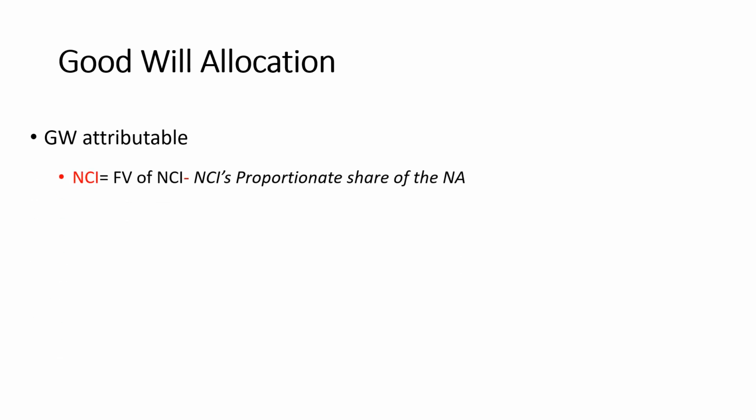After calculating the goodwill, it has to be attributed among non-controlling interest and parent. Goodwill attributable to non-controlling interest can be calculated by the fair value of the non-controlling interest minus the non-controlling interest's proportionate share of the net assets. Then the balance is transferred to the parent.